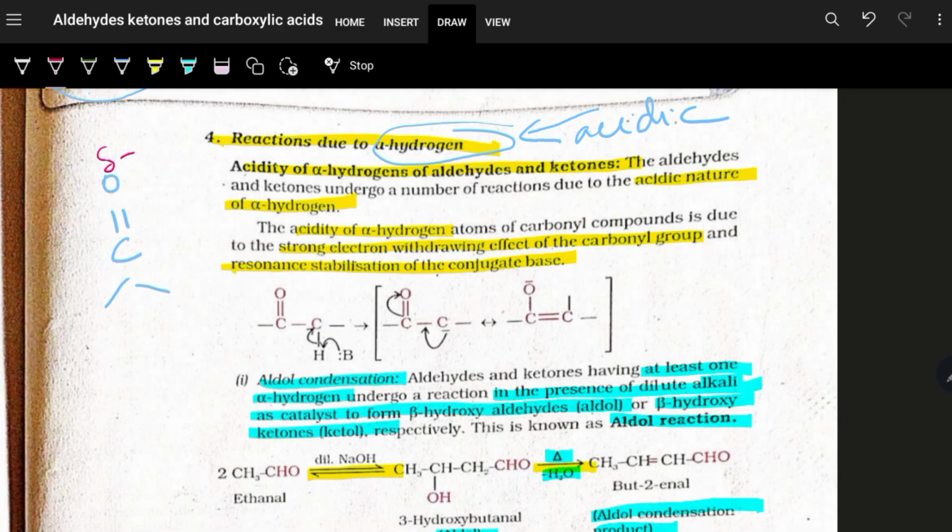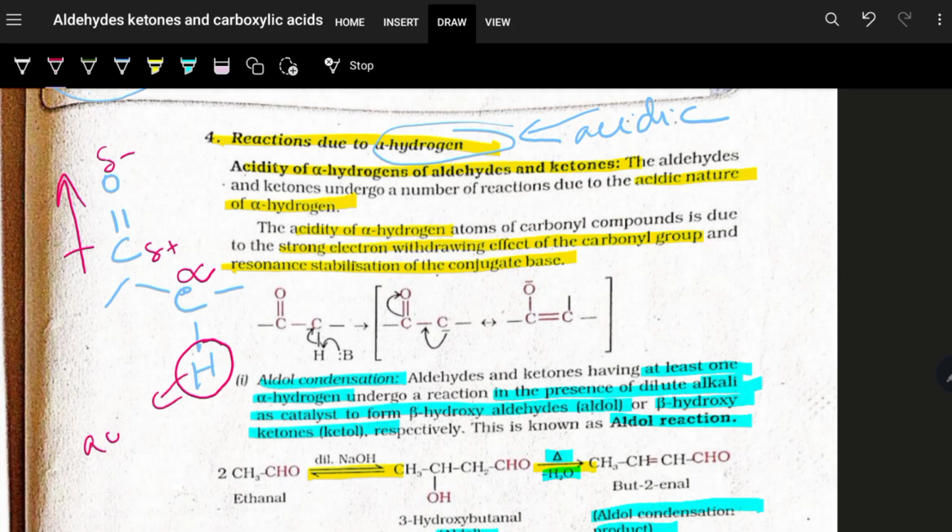Any hydrogen attached to the carbon which is attached to C double bonded O behaves as acidic hydrogen. Why? Because C double bonded O is the carbonyl linkage and it's a functional group. So the carbon attached to the functional group is the alpha carbon, and the alpha hydrogen is acidic hydrogen.